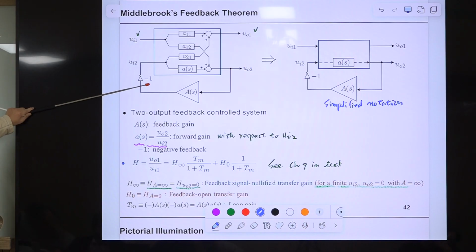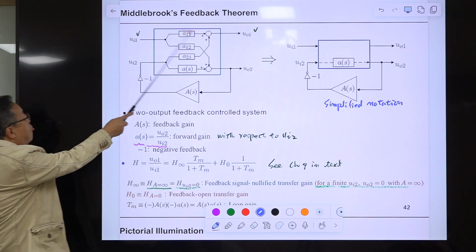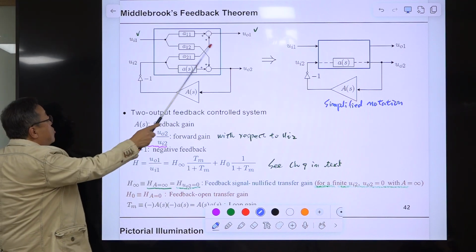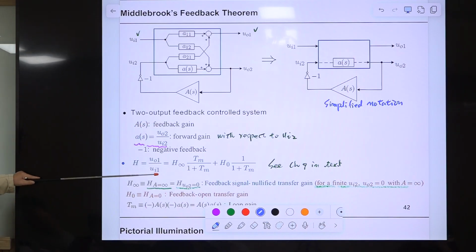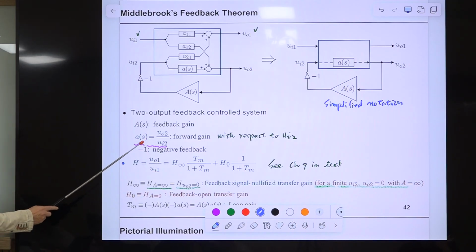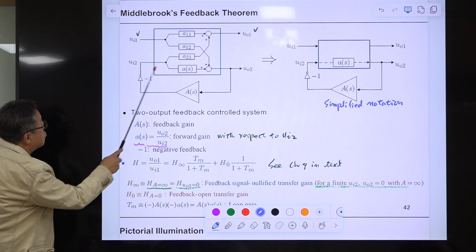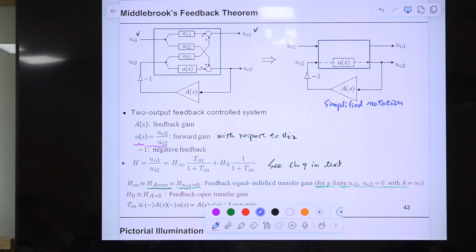Except for the oscillator, all the feedback should be negative feedback. So this minus sign indicates negative feedback, and this is the transfer from the first input to the first output, not this one, this one. The transfer gain from this input to this output is given by this. Tm is the multiplication around the loop. So it is a negative number because there is a minus sign, so we add an additional minus to avoid the negative sign here.